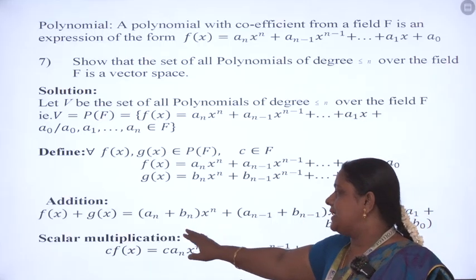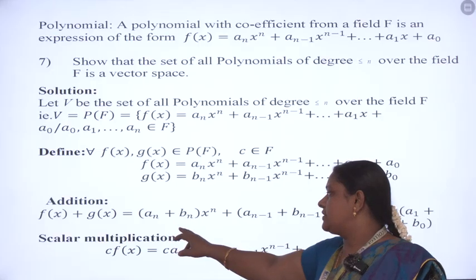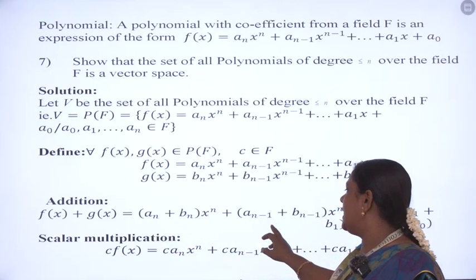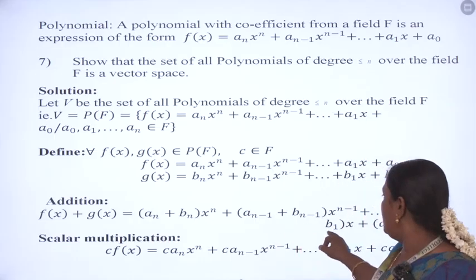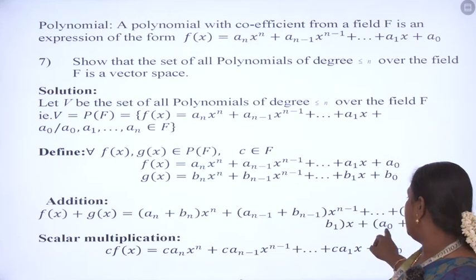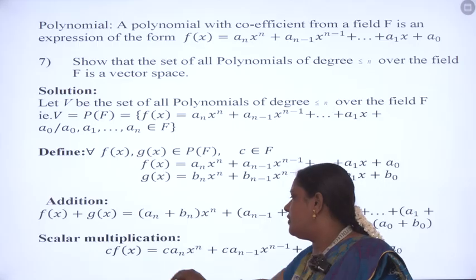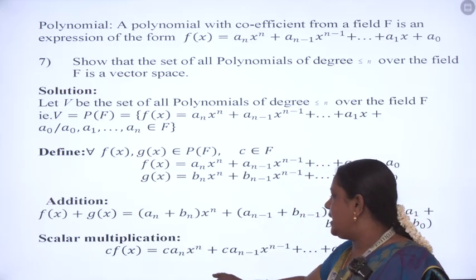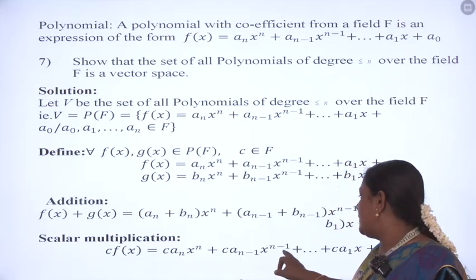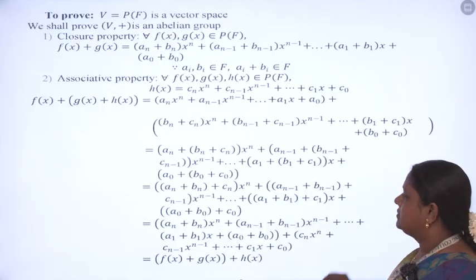Then for addition, consider two polynomials: f of x plus g of x equal to (an plus bn) x power n plus (an minus 1 plus bn minus 1) x power n minus 1 and so on (a1 plus b1) into x plus (a0 plus b0). Then scalar multiplication: c into f of x equal to c into an x power n, c into an minus 1 x power n minus 1 and so on, c into a1x plus c into a0.